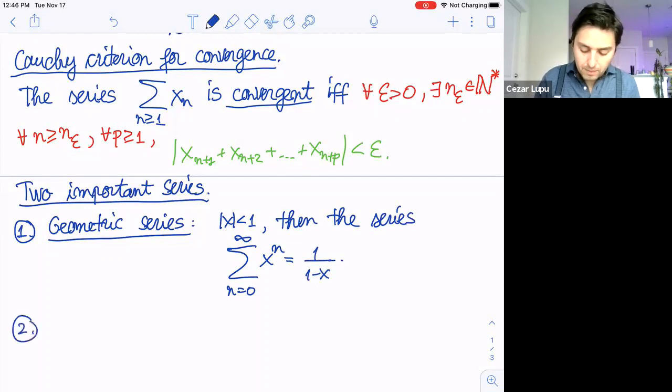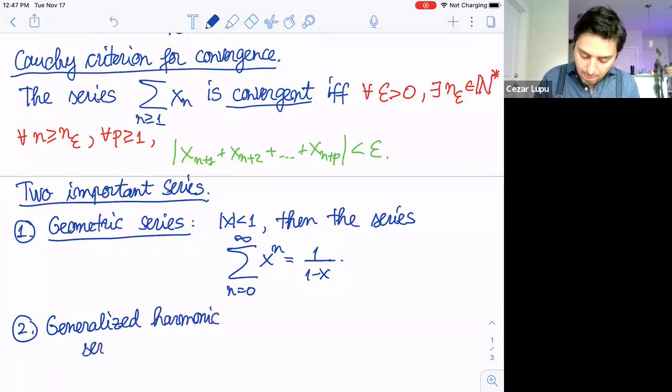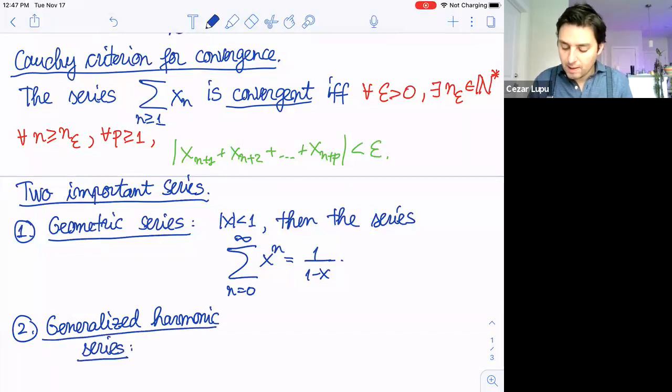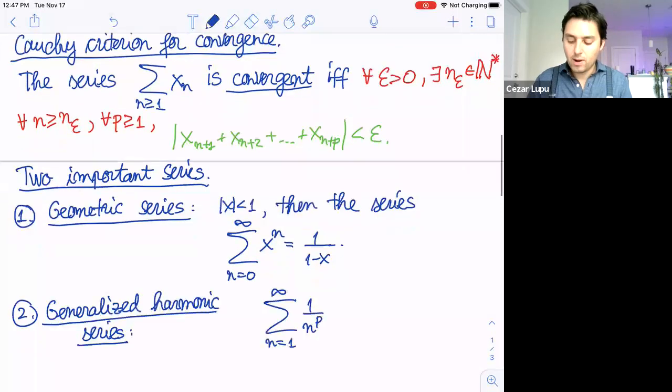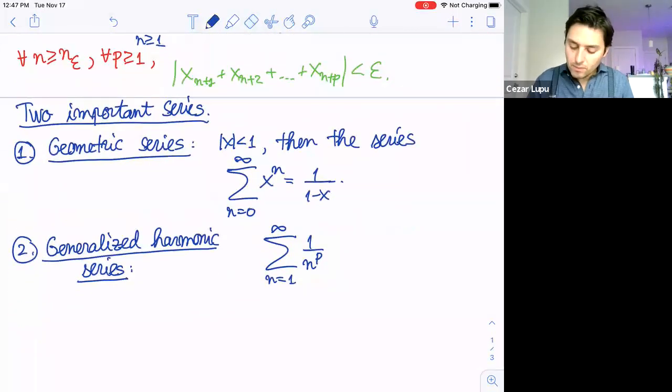And two, the harmonic series, the generalized harmonic series, let me put it like this. Which says that this series, and we'll start from 1, of 1 over n to the power p. And this has two options.